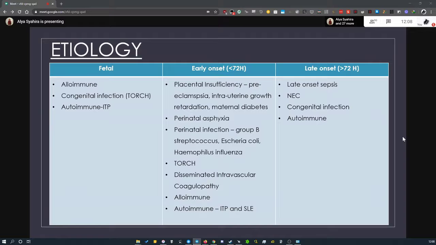The causes include placental insufficiency like preeclampsia, IUGR or maternal diabetes, perinatal asphyxia, perinatal infection, TORCH, DIC, and autoimmune causes. For late onset, it happens after 72 hours of life. The common causes are sepsis and necrotizing enterocolitis. Other causes can be congenital infection or autoimmune.